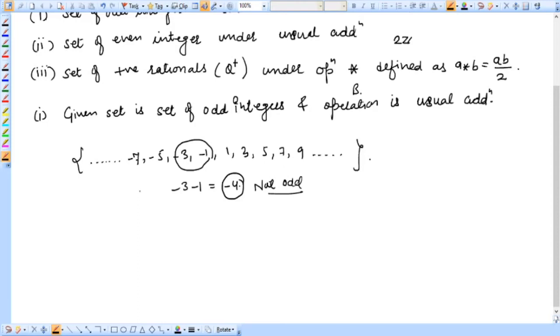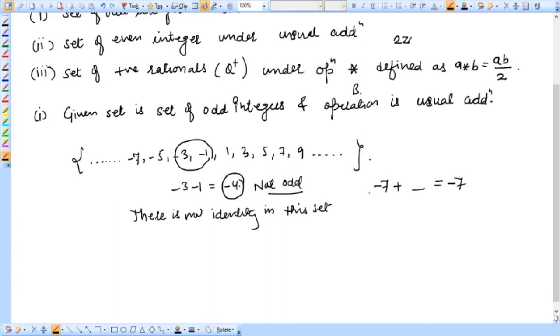Also you can see there is no identity in this set. For example, there is no number in this set which when added to -7 gives back -7.